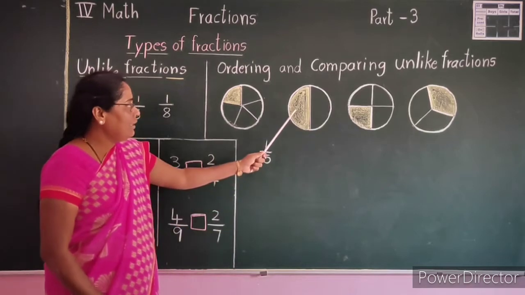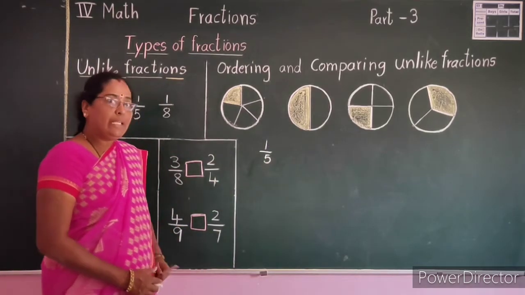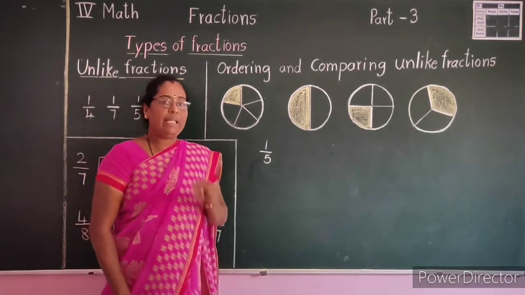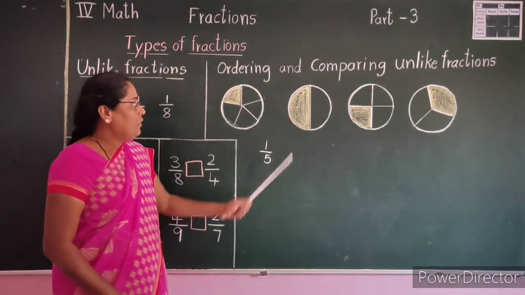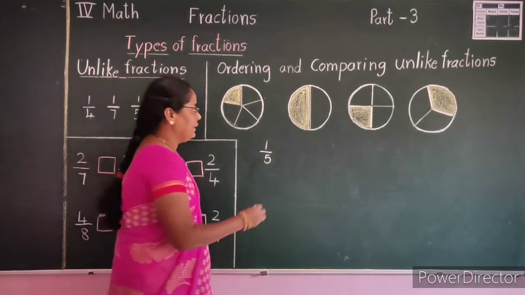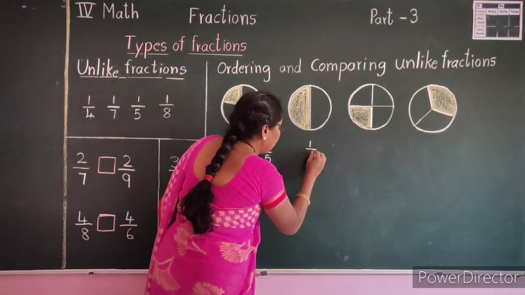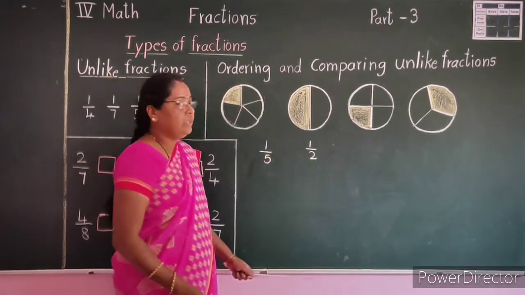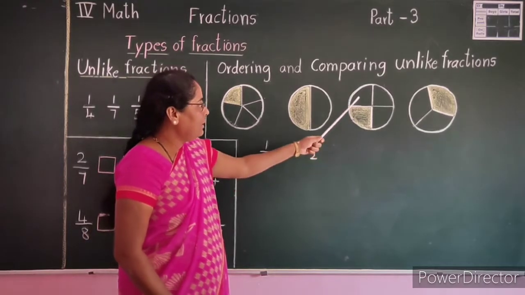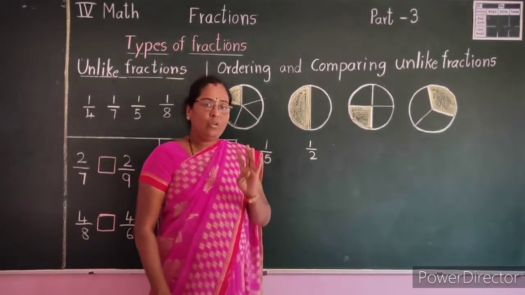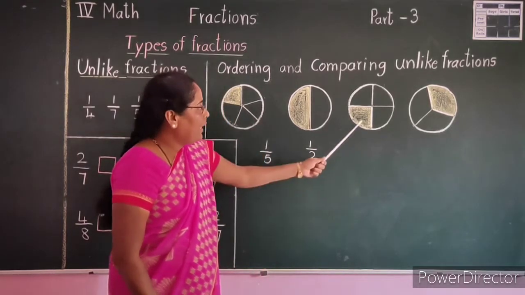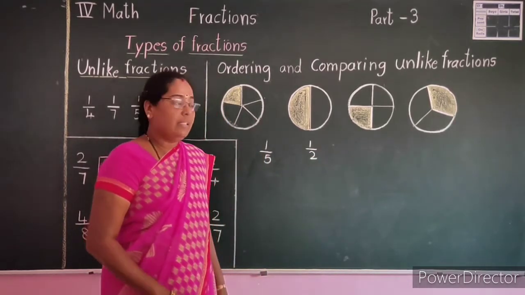One more circle. This circle is divided into 2 equal parts and one part is colored. The fraction for this circle is 1 by 2. Let's see one more circle. This circle is divided into 4 equal parts and one part is colored.